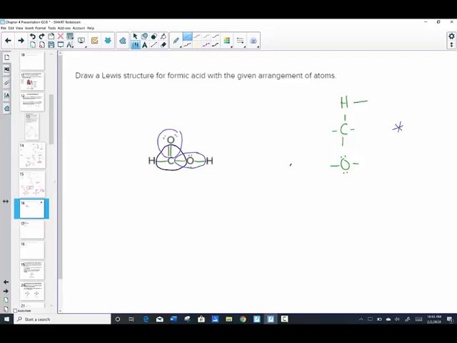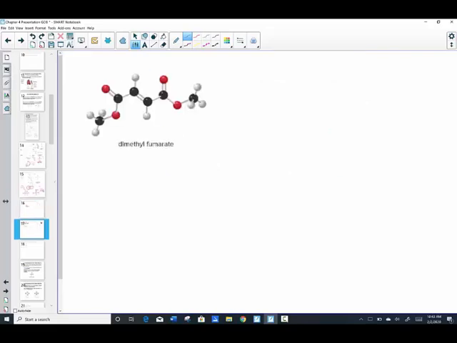And so I think you have some opportunities to do that in a little bit of your homework assignment as well. And this is interesting. Here's an example from your homework where you're actually given a ball and stick model, and you're asked to convert that to a Lewis dot structure.